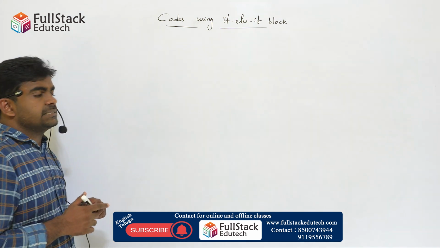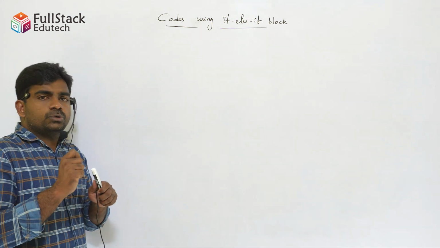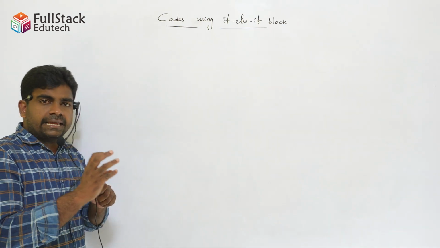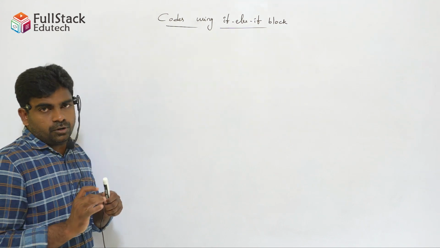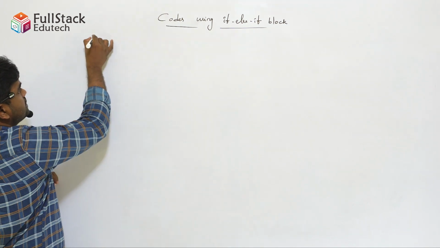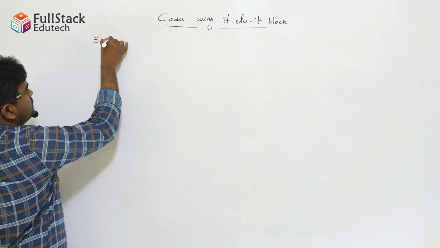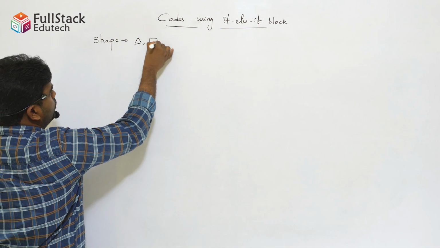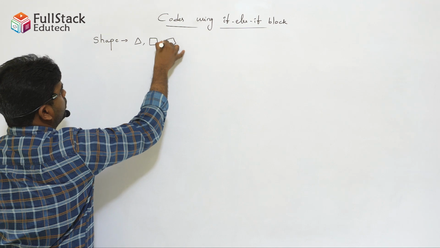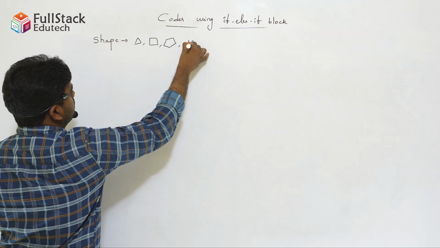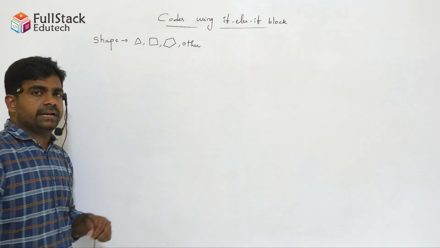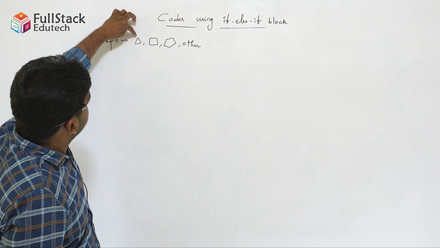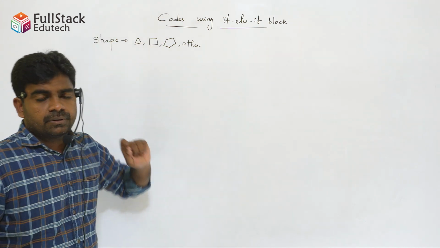The first one is, I just want to check whether the shape is a triangle, rectangle, or pentagon. Suppose this is the code I am going to write: shape is triangle, rectangle or square, or pentagon, or any other. How can we mention that shape?